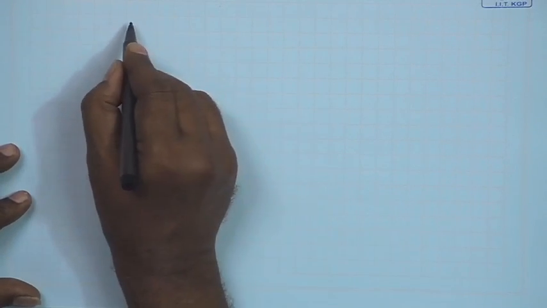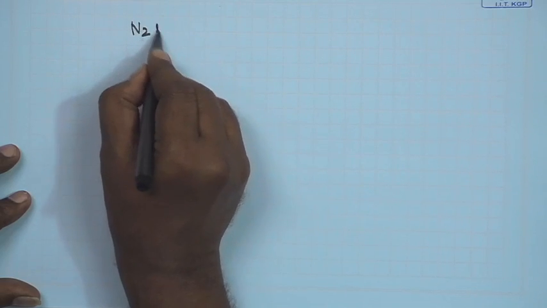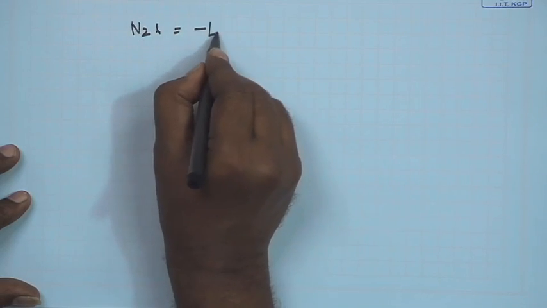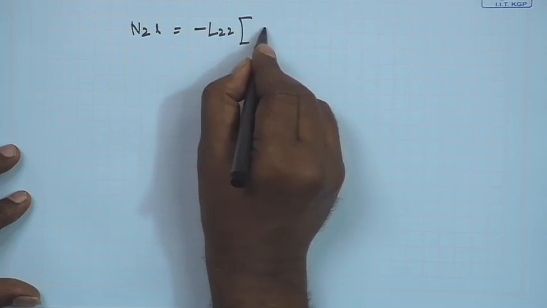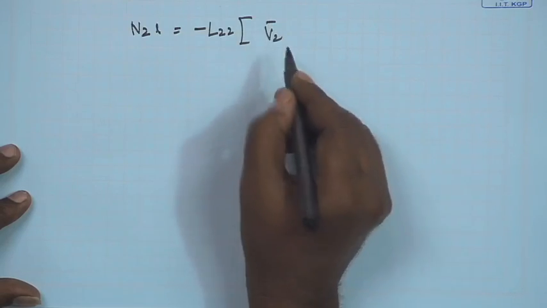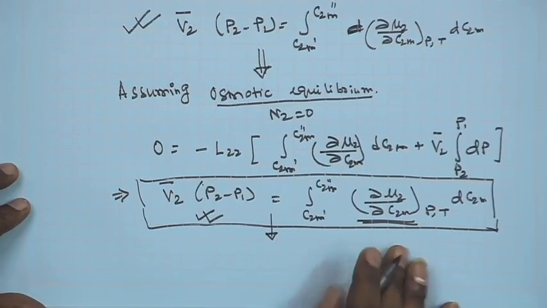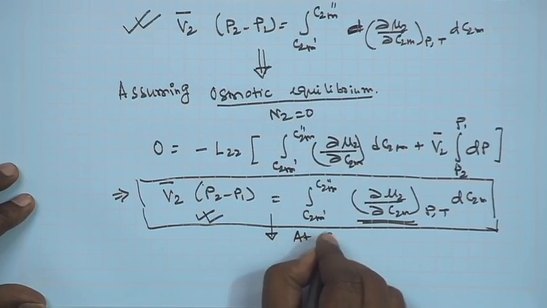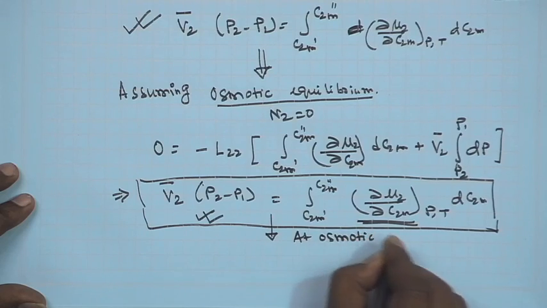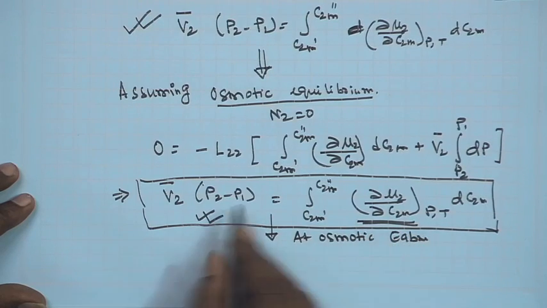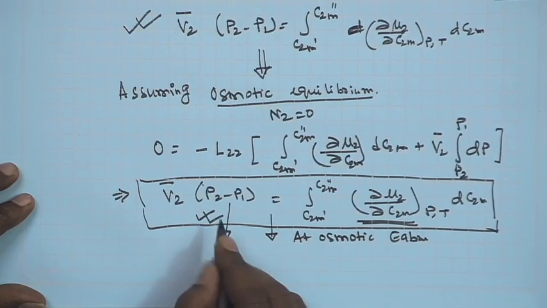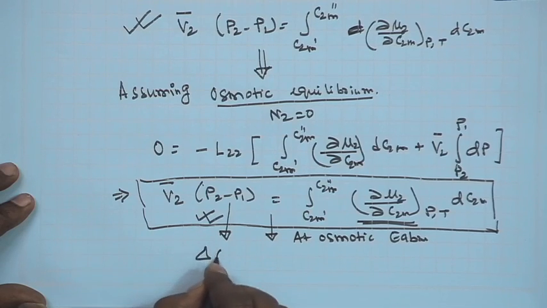If we do that, then N2 L is equal to minus L2 to V2 bar, and since these will be at osmotic equilibrium, P2 minus P1 will be nothing but the delta pi. It will be nothing but the osmotic pressure difference.